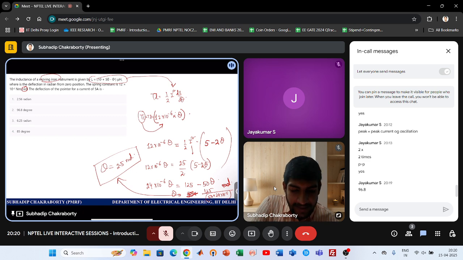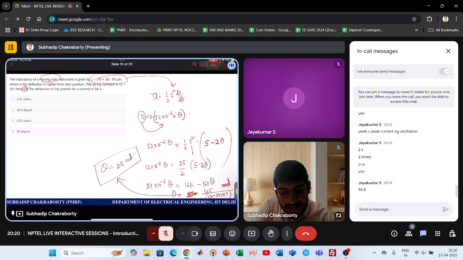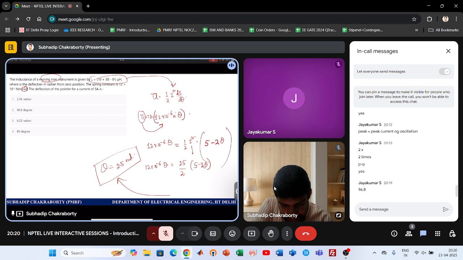Yeah, you got 96.8, right? So what did we miss? Is the calculation okay or not? Any calculation error? I think I did. So this is coming as 20. I think this is okay. Yes, and this is theta, right? Okay.